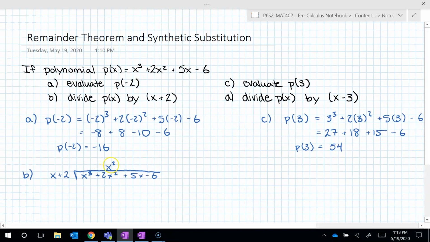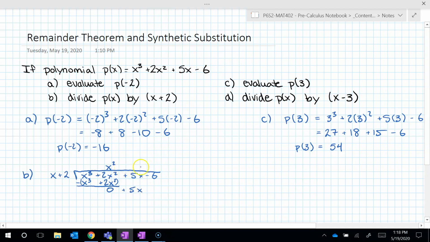When I do that, I get x squared times x makes the x cubed term I was looking for. X squared times 2 is 2x squared. And hey, I knocked out both of those terms with just the one thing here. So if I subtract this whole thing, this goes to 0, and so does that, and I'll drop down the 5x then.